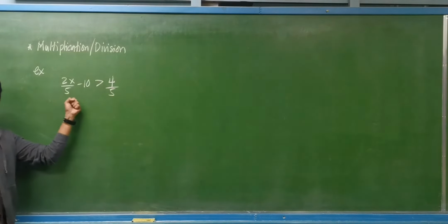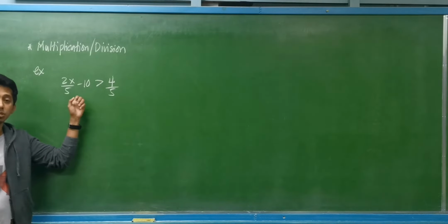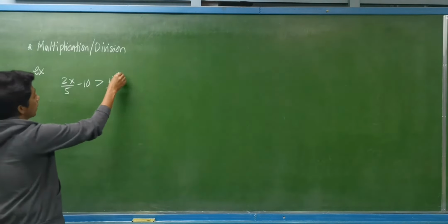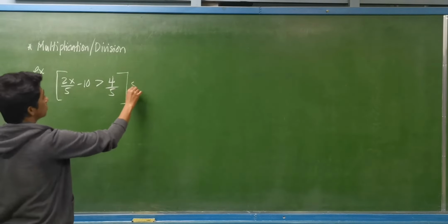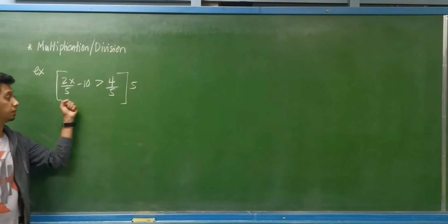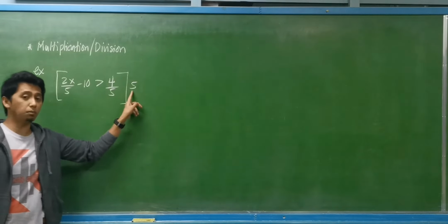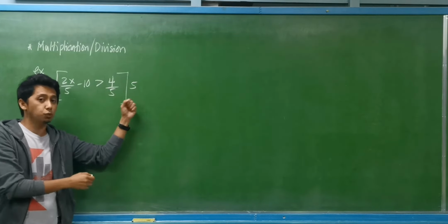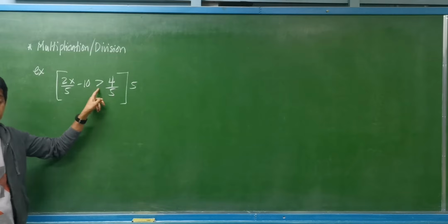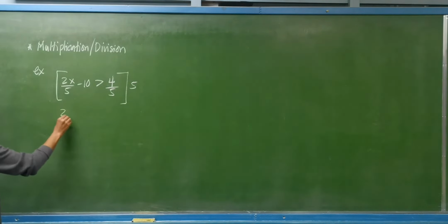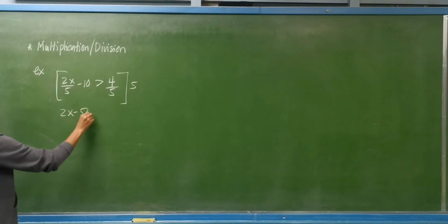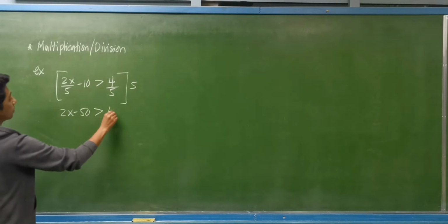We are required to determine the solution set for this inequality. So multiplying both sides of the inequality by 5 to eliminate the denominator. As you can see, we are multiplying by positive numbers, which means the sense of inequality is not changed. So this is the same as 2x minus 50 is now greater than 4.